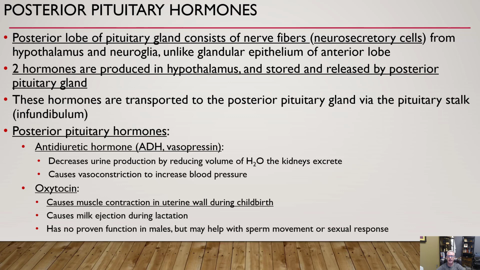We only have two hormones in the posterior pituitary gland, and they are stored and released in the posterior pituitary. And the two hormones are ADH and oxytocin.